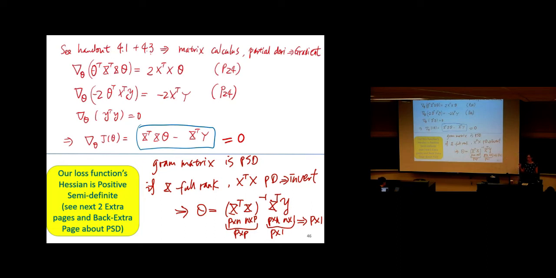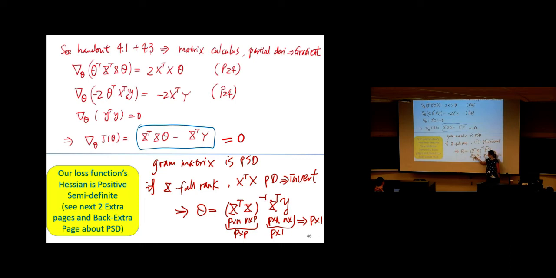Here, full rank means N larger than P. It's actually the minimal requirement: P is smaller than N. When P is larger than N, hopefully you still remember the multiplication rule: since this matrix is P times P, for a two-matrix product, the rank of the product will be no larger than the rank of each.